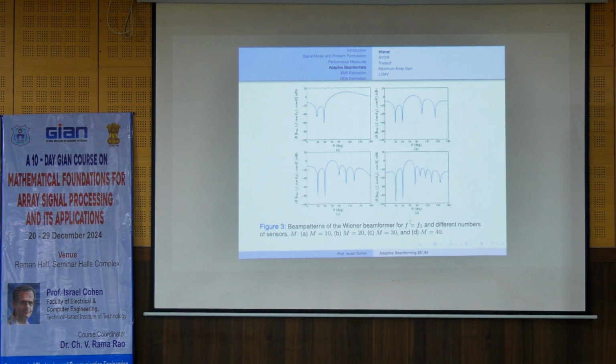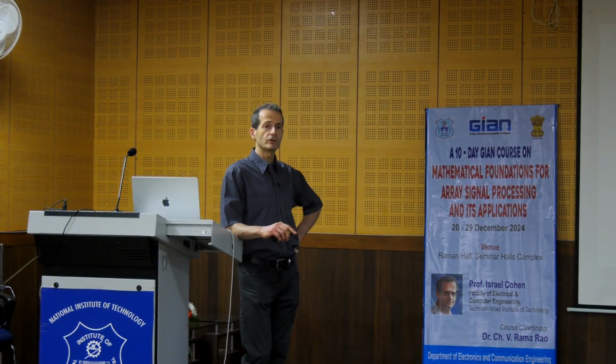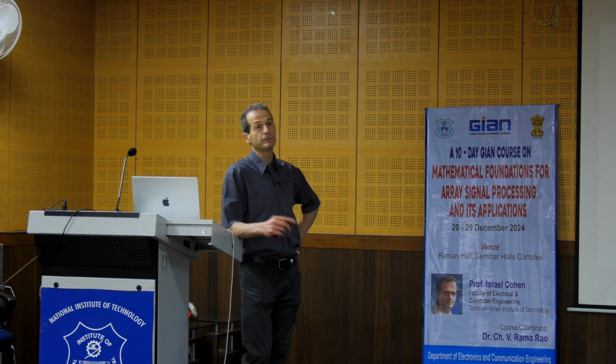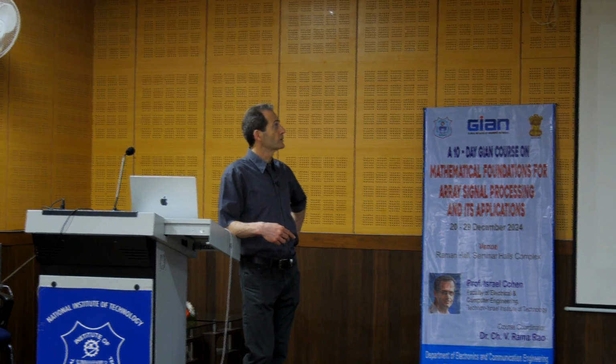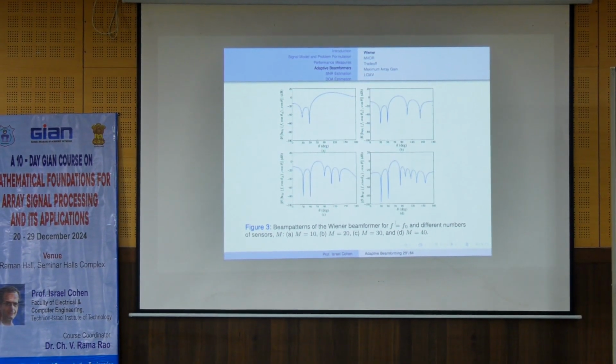So you see, whatever we design is based on the information that we include in the definition of the problem. If we don't include the information that maybe suddenly an interference can come from this direction, we didn't include it in the formulation of the problem.